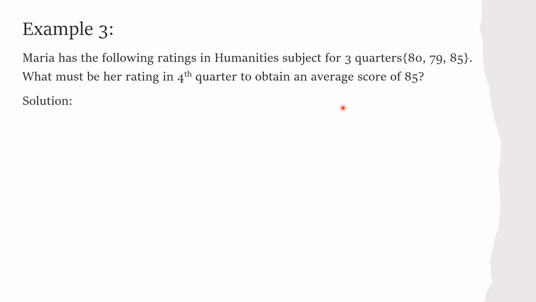Example number 3. Maria has the following ratings in humanities subject for 3 quarters: 80, 79, 85. What must be her rating in the 4th quarter to obtain an average score of 85?